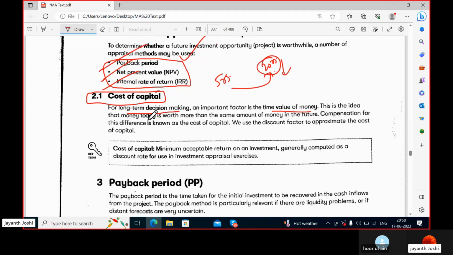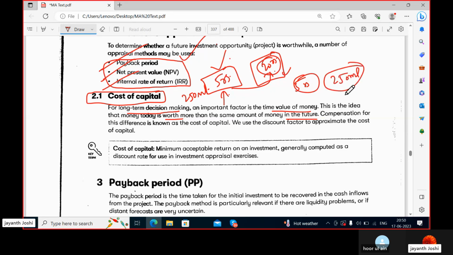So this is the idea that money today is worth more than the same amount of money in the future. That means 5 rupees 15 years back was worth much more than 5 rupees today. Why? Because 5 rupees 15 years back was enough to buy 250 ml of Pepsi, but 5 rupees today is not sufficient to buy 250 ml of Pepsi.